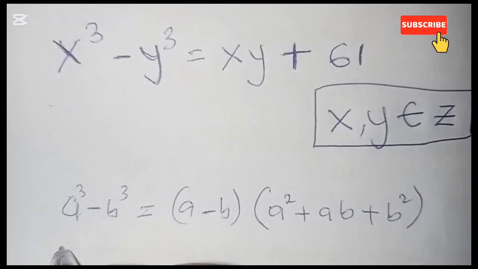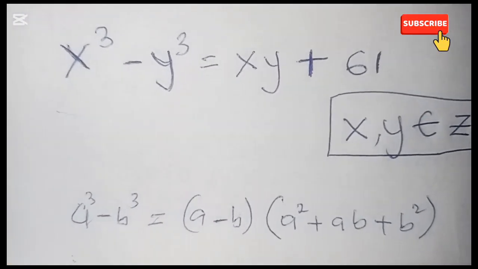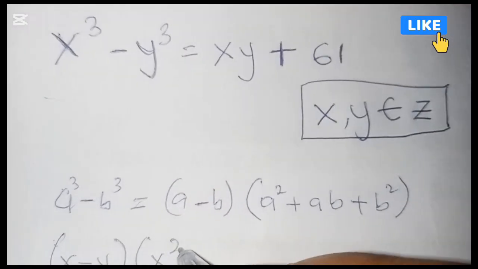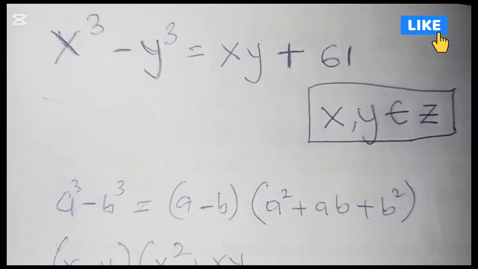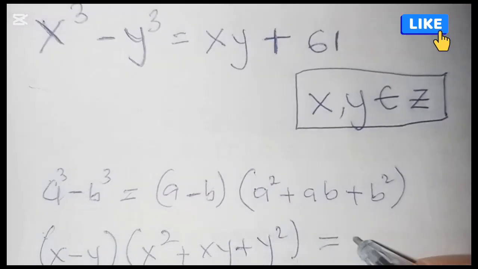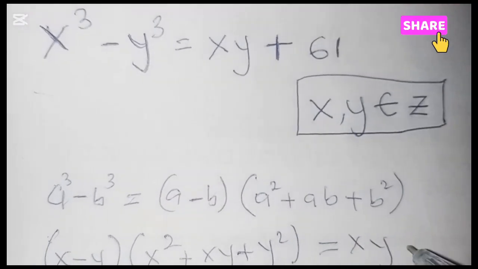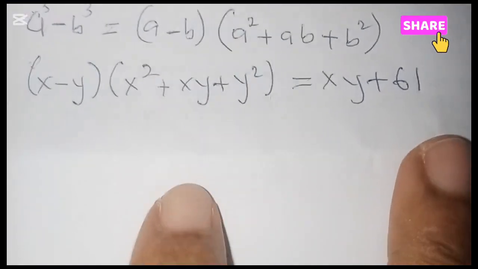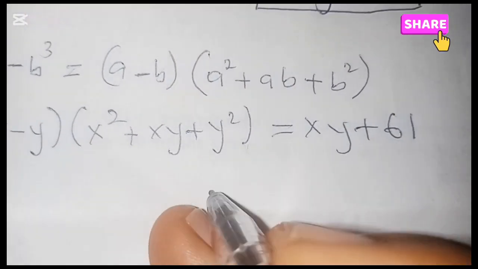So let's expand what is given to us. This gives us (x minus y)(x squared plus xy plus y squared) equals xy plus 61. Now, after that, what next should we do?